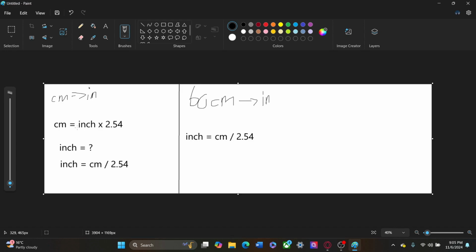Whenever you do x equals y times z or something, if you wanted to find y, you'd have to do x divided by z, right?